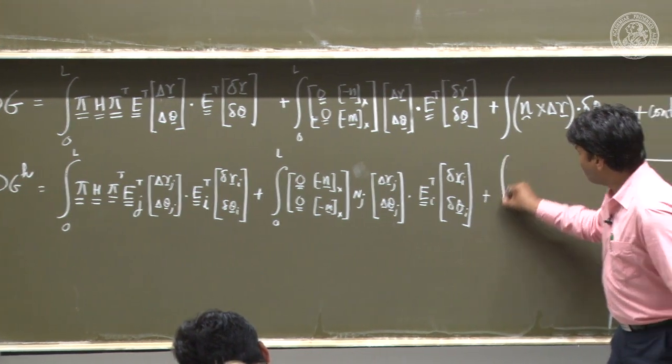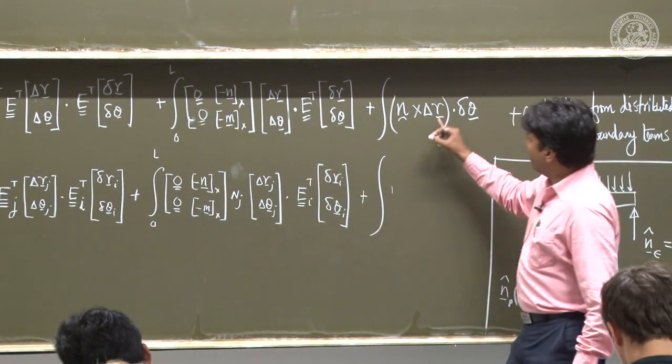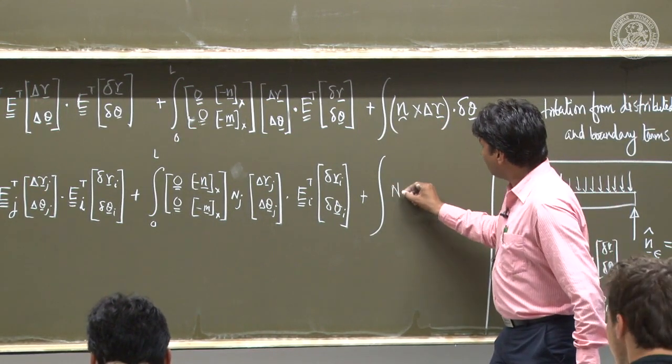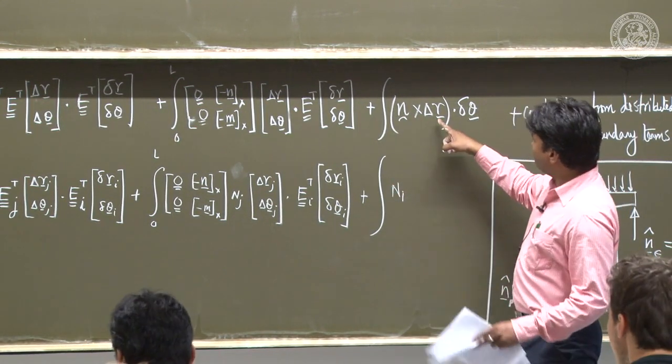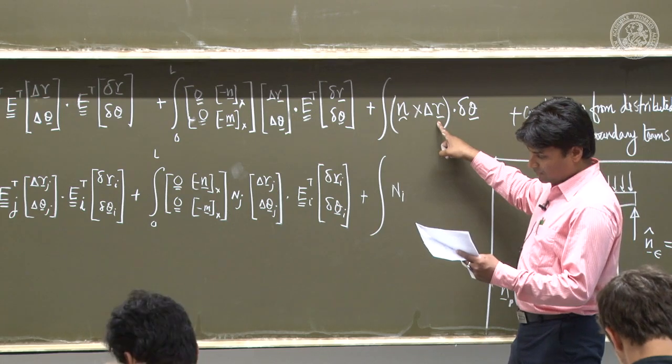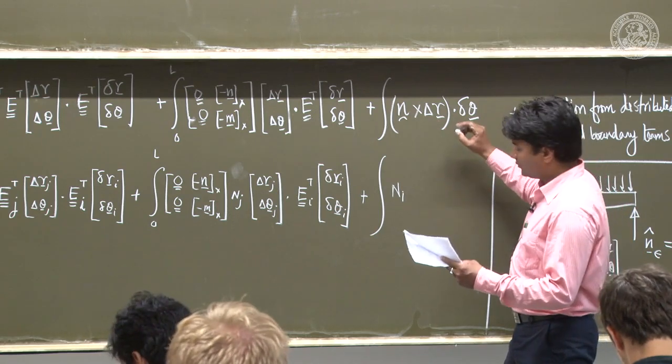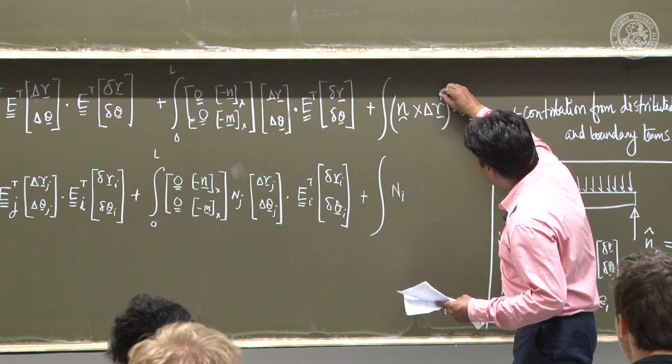Plus the last one, and that's simply n I guess this was delta little r prime. Yeah, this was delta little prime. Sorry, I missed that prime here.